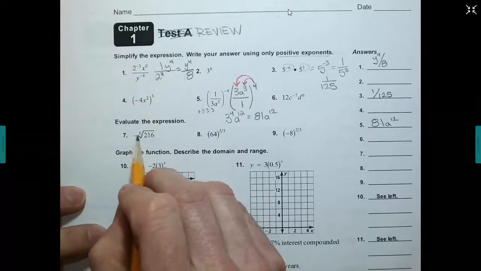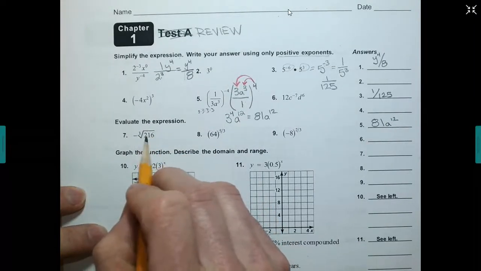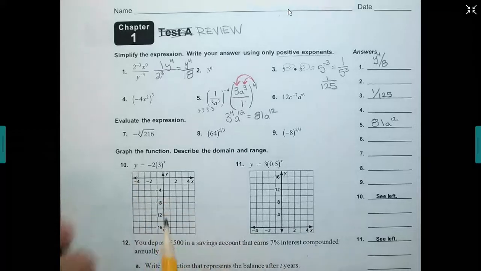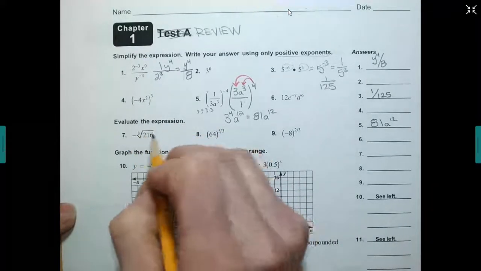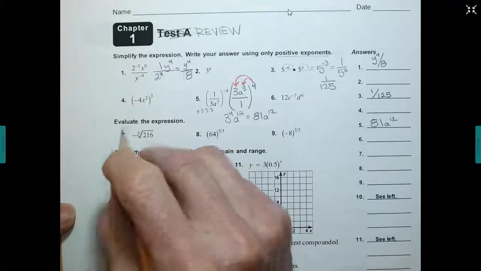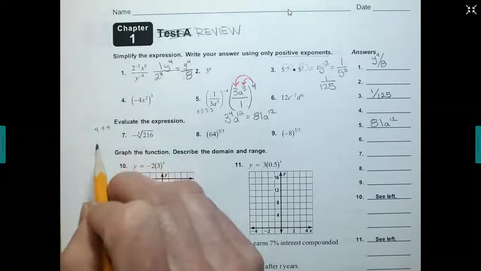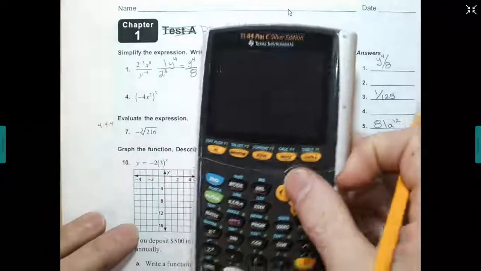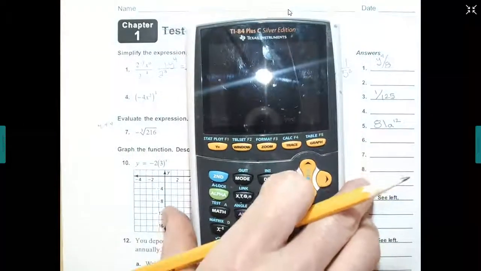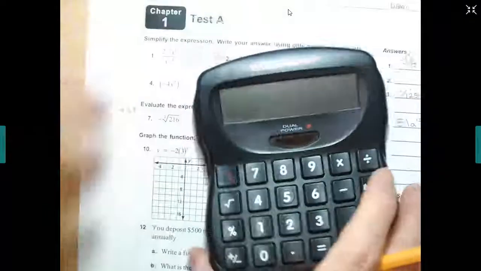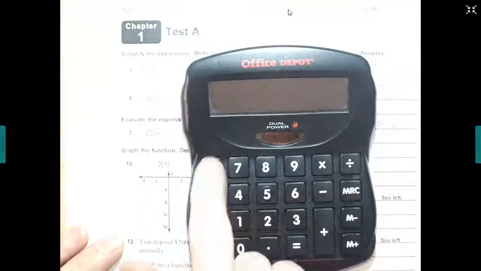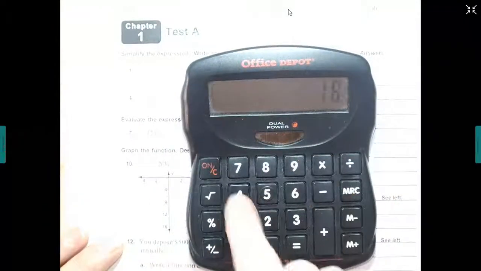All right, so we have negative, and then we have the 3rd root of 216. So what times what times what equals 216? So let's see what 4 times 4 times 4 equals. So I'm going to get my calculator. I'll do 4 times 4 times 4. Nope, that's not it.